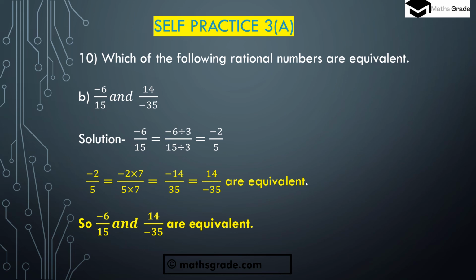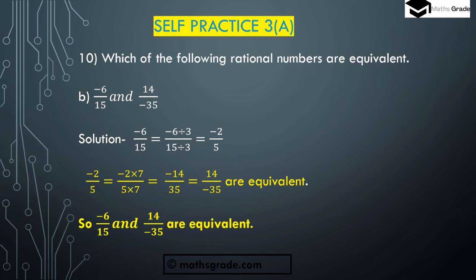Now we will solve question number second bit B. Minus 6 divided by 15 and 14 divided by minus 35. We have to check whether the two rational numbers are equivalent or not. Minus 6 divided by 15. First we have to reduce this rational number into simplest form. The highest common factor of 6 and 15 is 3.